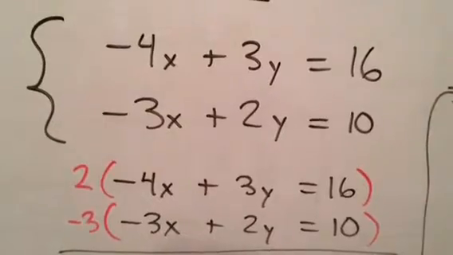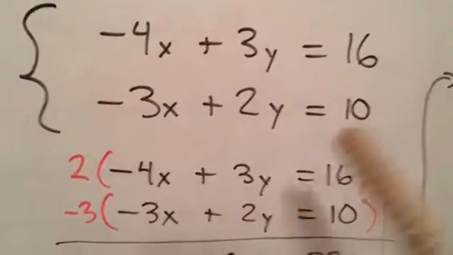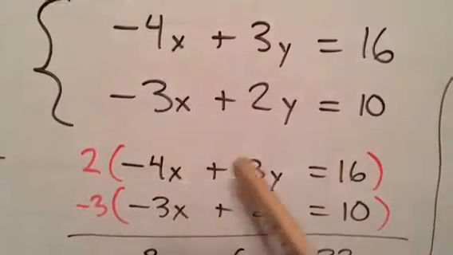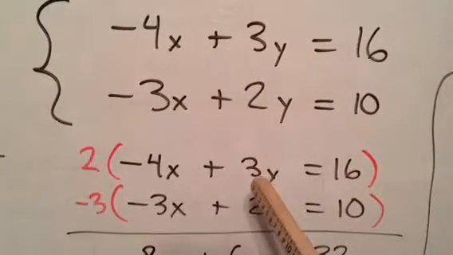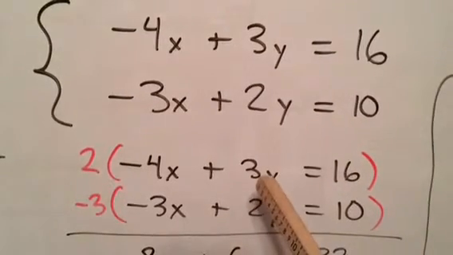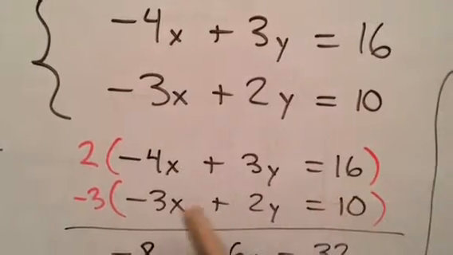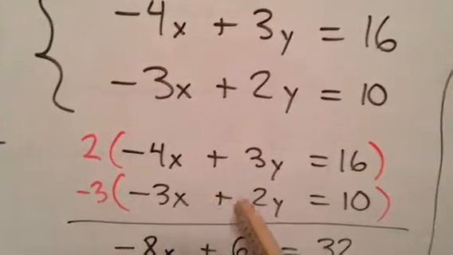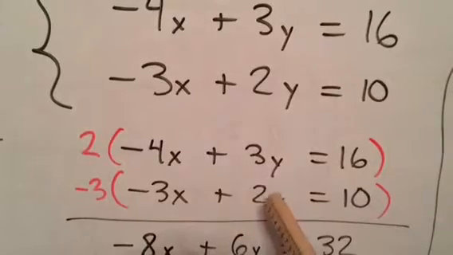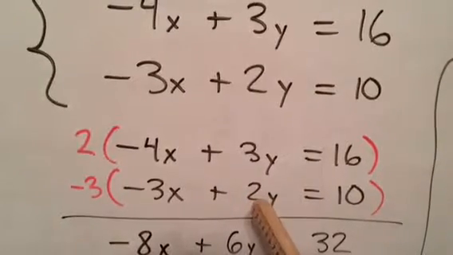If you'll notice, I decided to multiply the top equation times 2 in order to turn this into a 6y. I chose to multiply the bottom equation by negative 3 because negative 3 times 2y will become negative 6y.